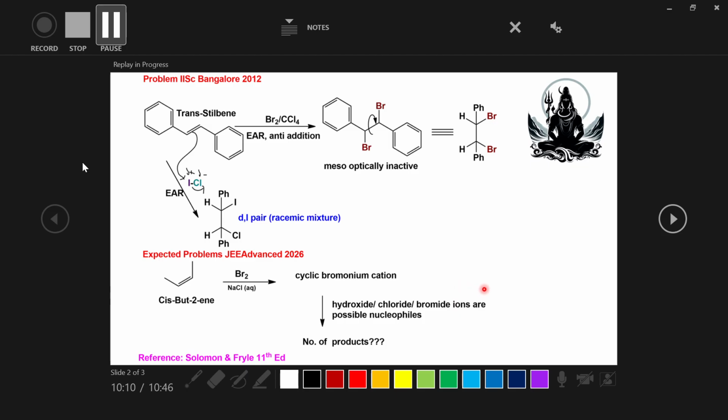If you take the third option, which is the bromide ion, then that also will give you a DL pair. So we can now say that we're going to have 6 products, 6 stereoisomers. Thank you for listening.